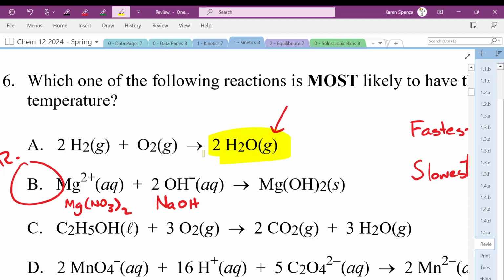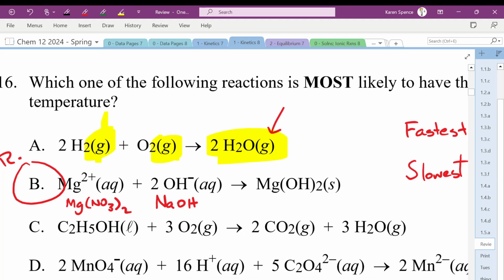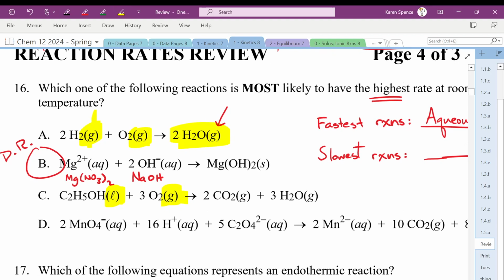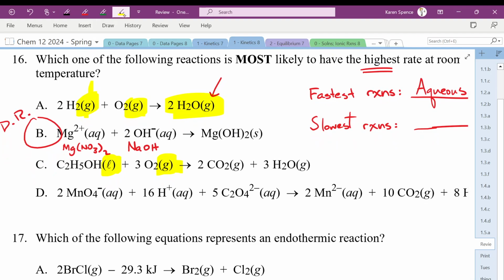Because it's a product, and the products do not matter in terms of rate. Okay, so I can ignore that, but I do have gas here and here, so that's going to be slower than aqueous ions. Here I've got a liquid and a gas, that's going to be slower than aqueous ions. Here, I do have aqueous ions. I got a whole schwack of them.